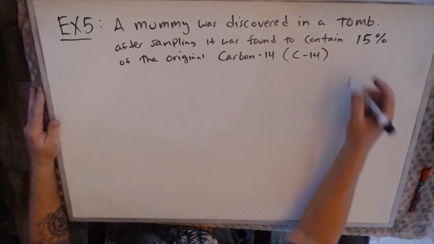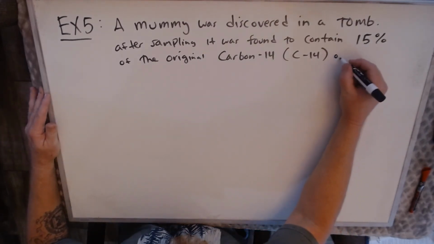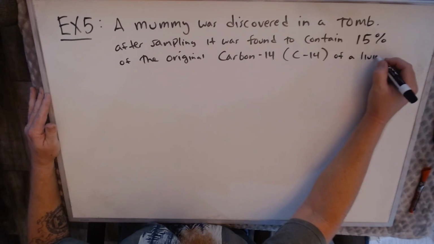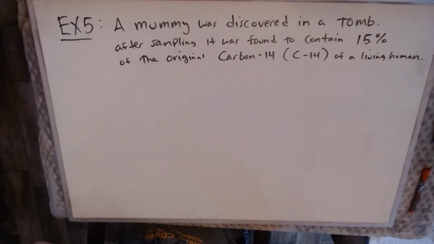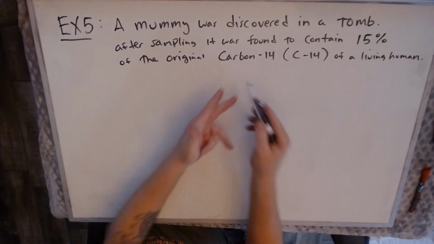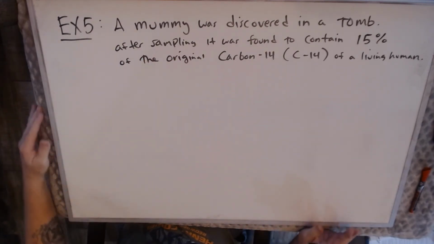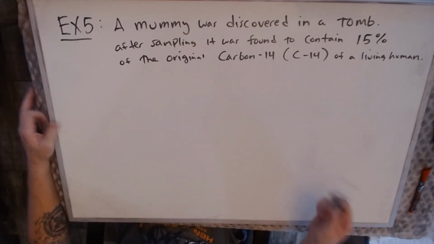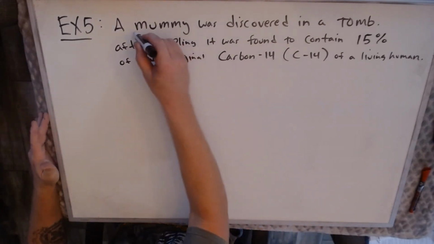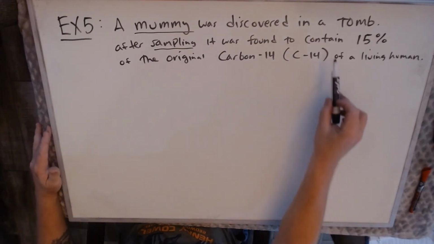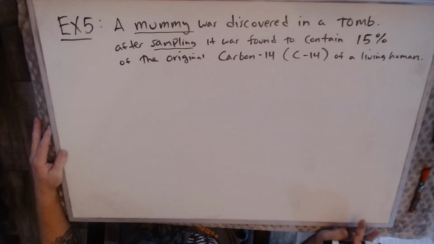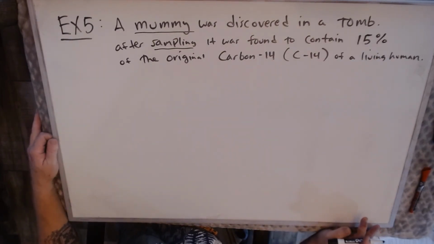Now I'm assuming of a living human. So we know approximately how much carbon a living human would have when it's alive. They dug up this mummy, they sampled its skin, nails, whatever, and found that it contained 15% of the original carbon of a living human.